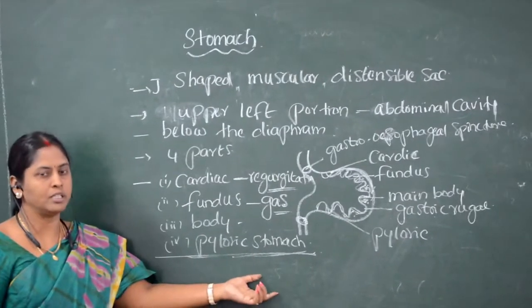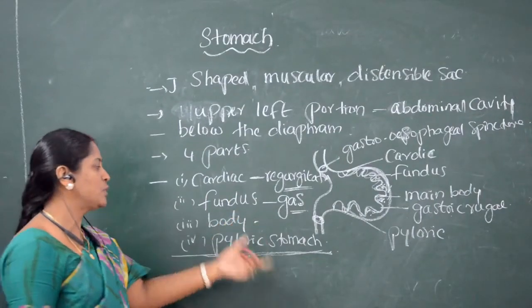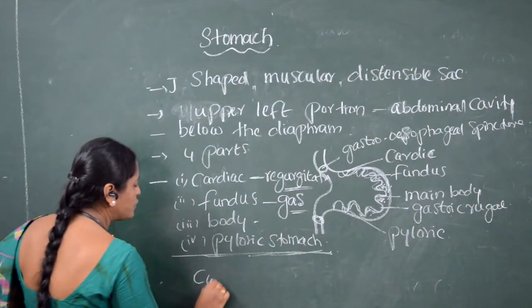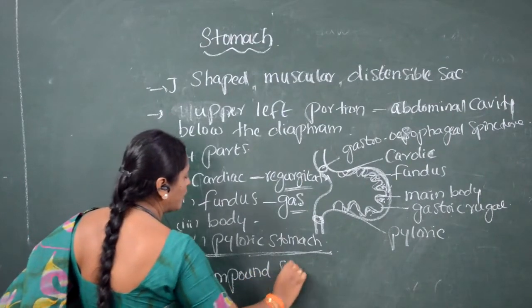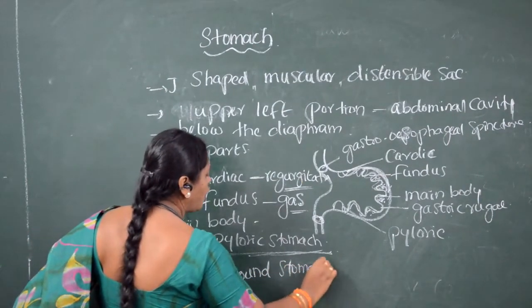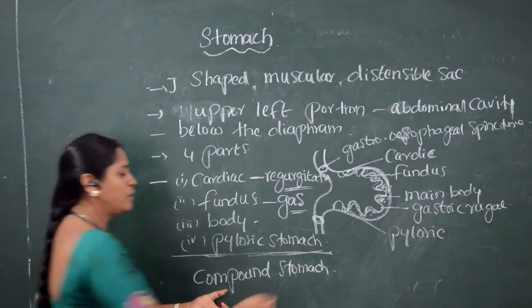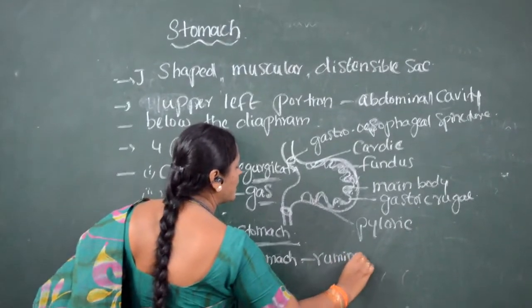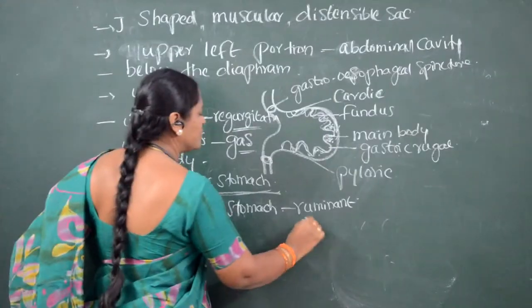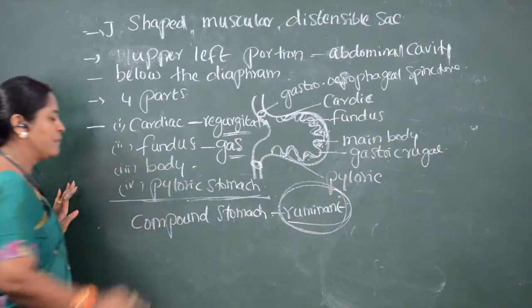So the stomach in ruminant organisms is known as the compound stomach. Why are we calling it a compound stomach? Which organisms have a compound stomach? Ruminant organisms.